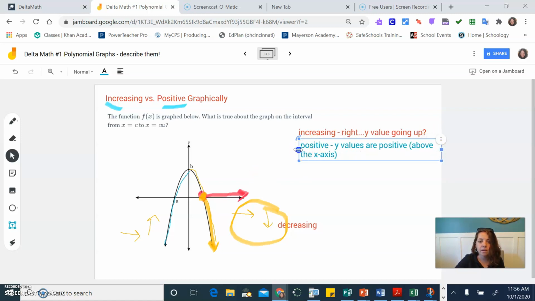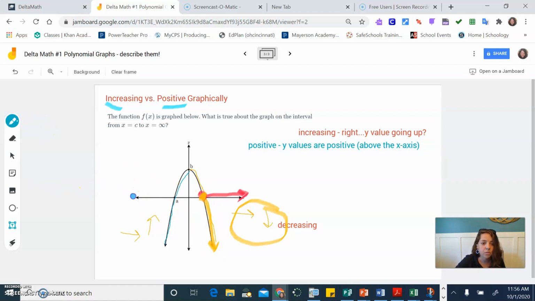So if I look at this graph here and I go, okay, they're asking me about this section of the graph. Is that section of the graph above or below the x-axis? Well, it's below. So in this spot, it's not positive, it's actually negative.